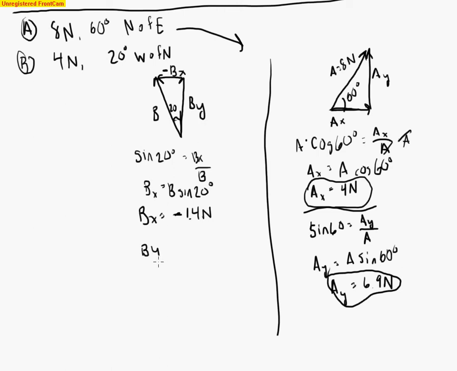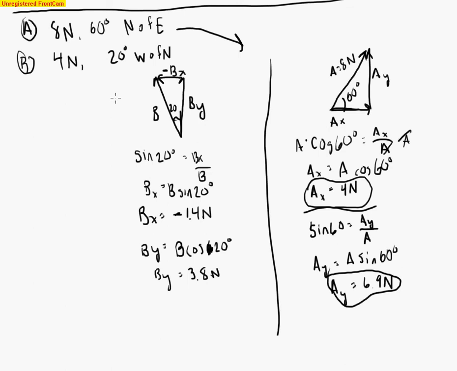We have to add that negative because of the way we've drawn our picture. BY is then going to be B cosine of 20 degrees. That works out to be 3.8 newtons.